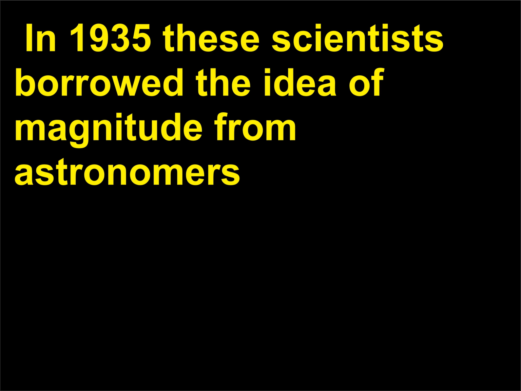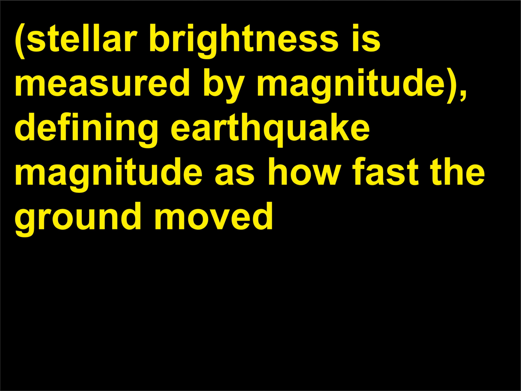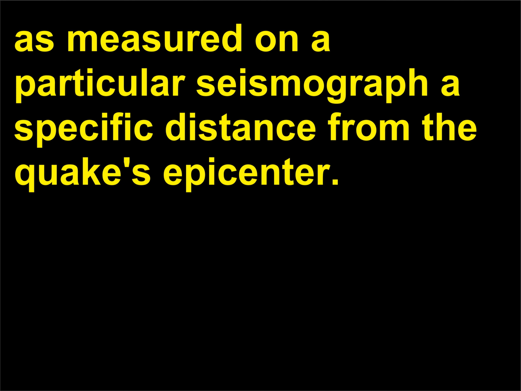In 1935, these scientists borrowed the idea of magnitude from astronomers. Stellar brightness is measured by magnitude, defining earthquake magnitude as how fast the ground moved, as measured on a particular seismograph a specific distance from the quake's epicenter.